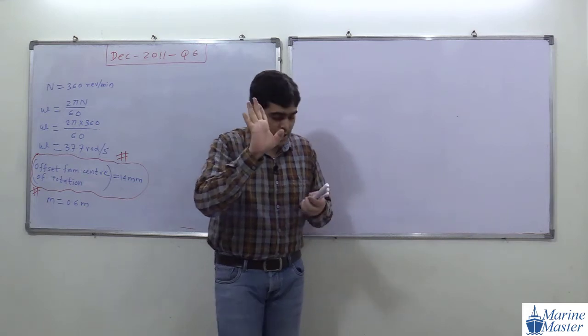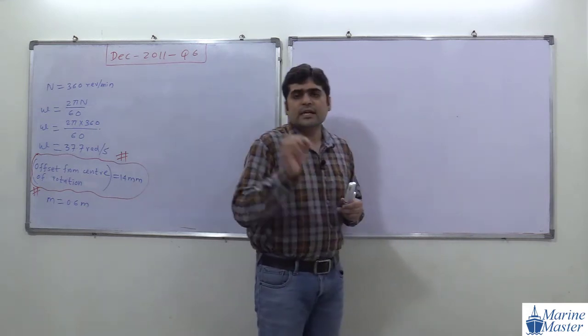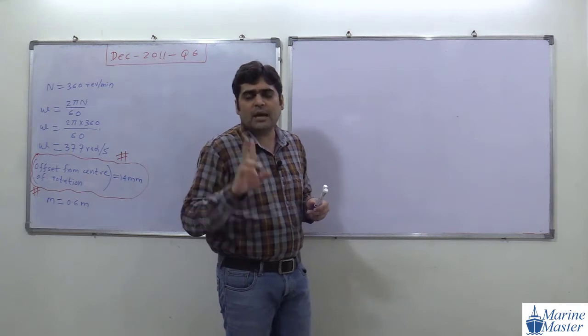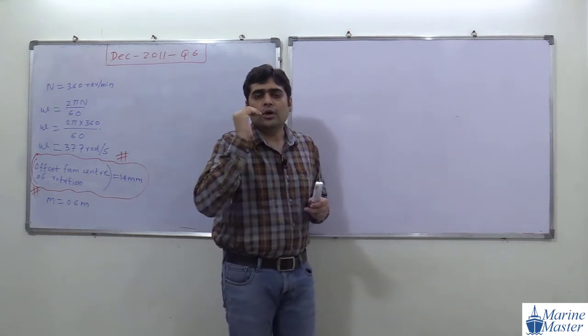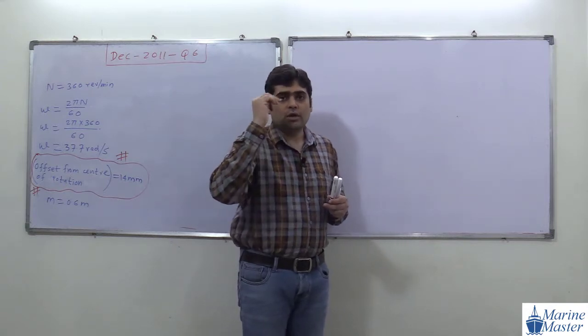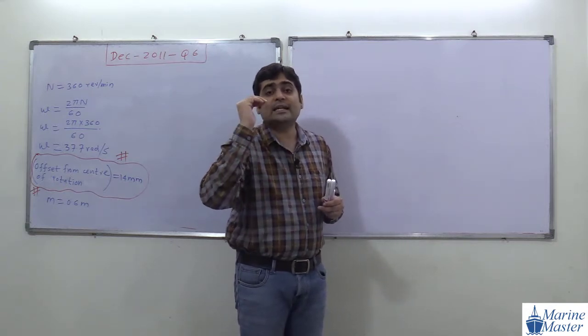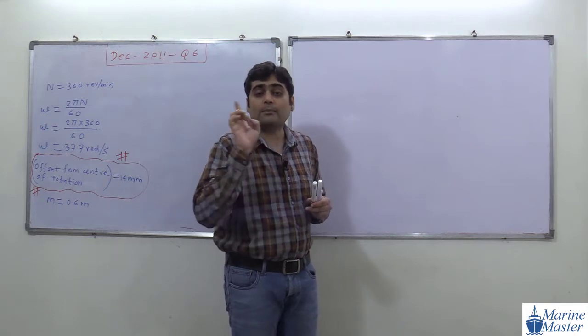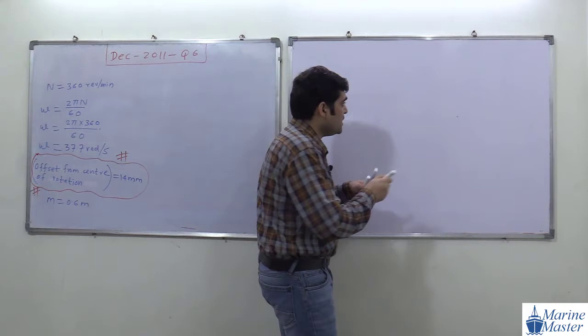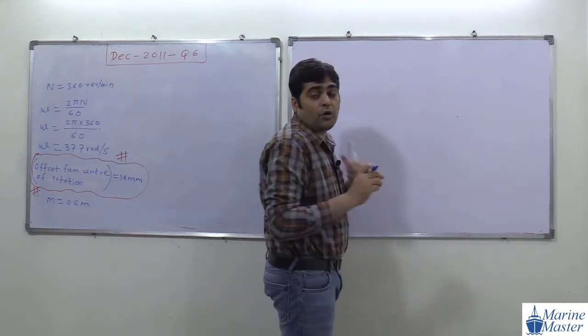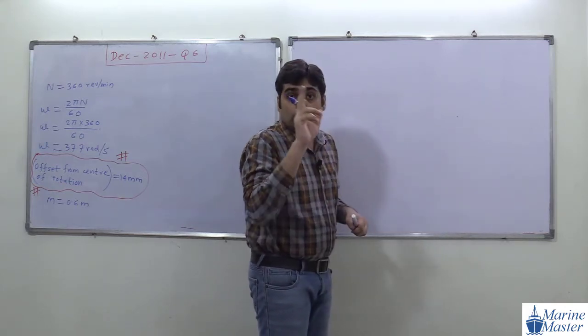See this word. I am going to draw our cam and follower arrangement in two diagrams. In one diagram, I am showing the follower at the top position, and in the second diagram, the follower at the bottommost position. Try to see the scenario here. Our cam is a circular cam.